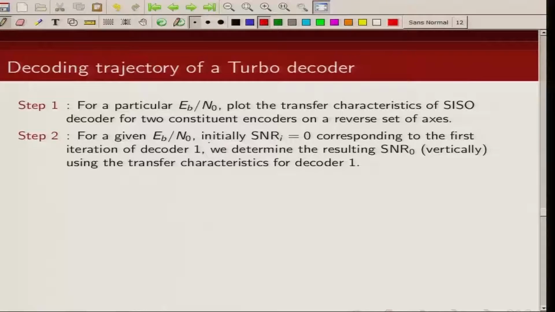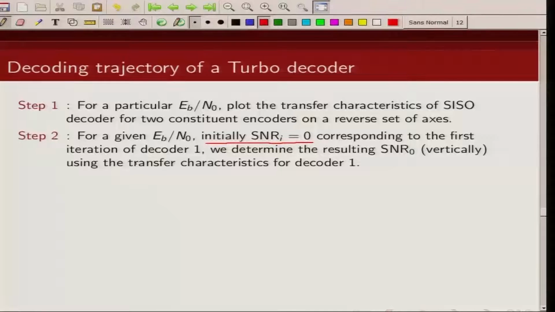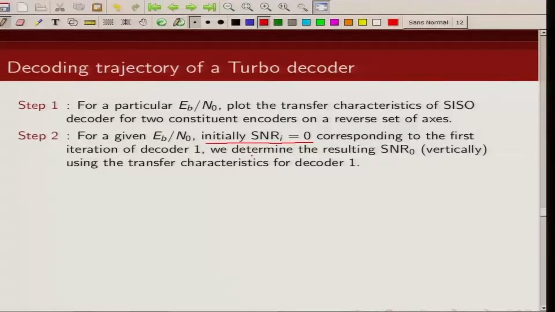Initially, because you do not have any a priori knowledge about the information bits, the a priori SNR is 0. So we first look at the transfer characteristics of the first decoder. Input we give 0, and we see what the output extrinsic SNR is for decoder 1. We determine the resulting output SNR by looking vertically using the transfer characteristics of decoder 1.